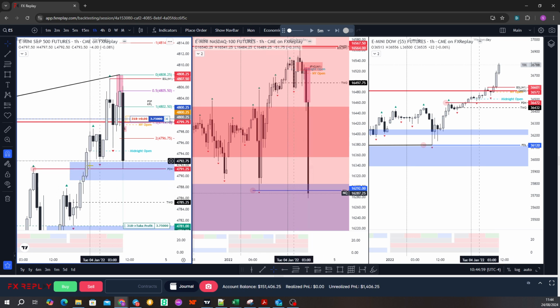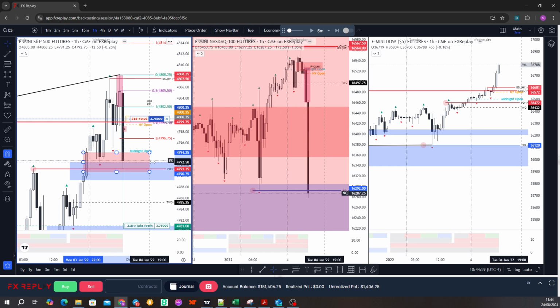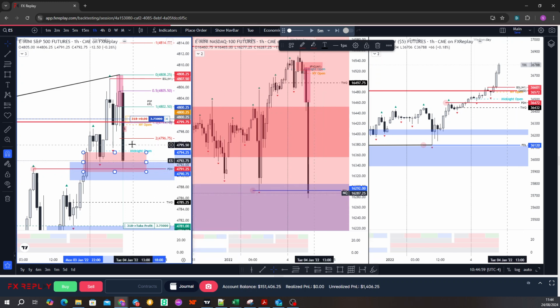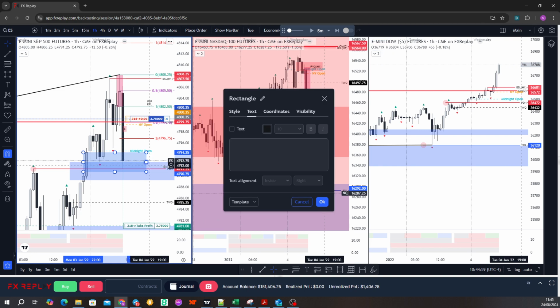There was reaccumulation here as well, although that was the previous day, but let's just make a note of this. There we go. And I'll explain why I'm noting this fair value gap.